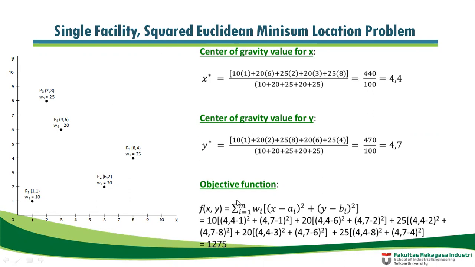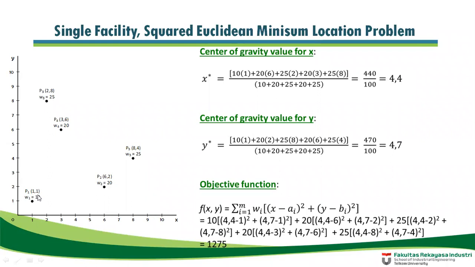It's like implementing the Pythagorean formula and then multiplying it by the weight of each retailer. So just substitute x and y with the new x and y coordinates.